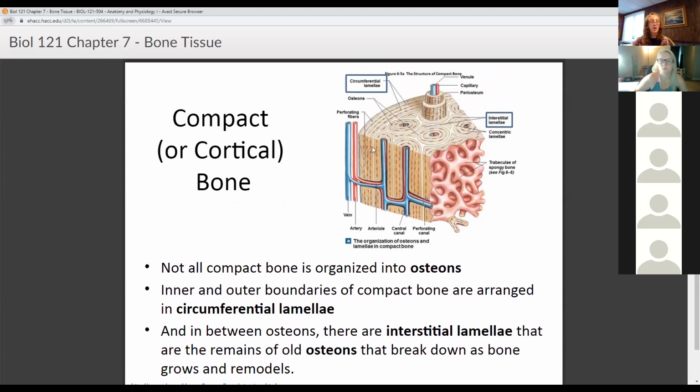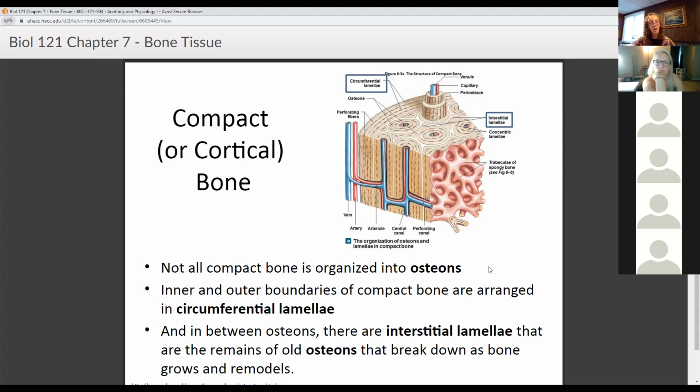In between the osteons, there are interstitial lamellae, which are the remains of old osteons that have been broken down. So remember, bone is constantly being broken down and remodeled. It's constantly being built up and broken down.